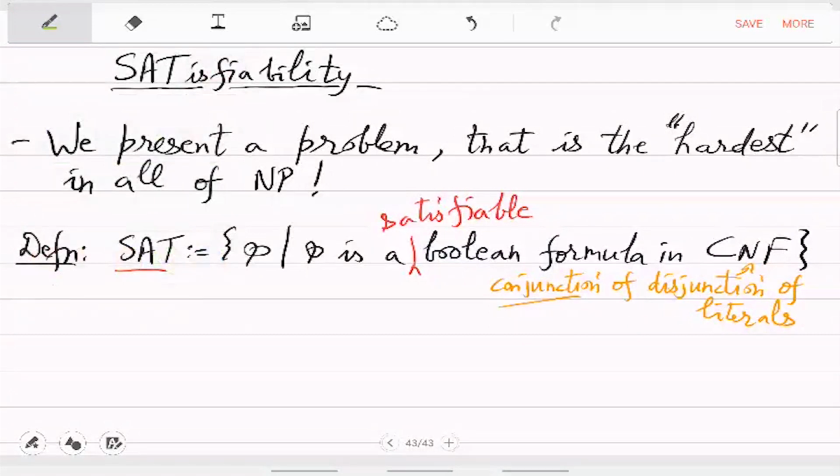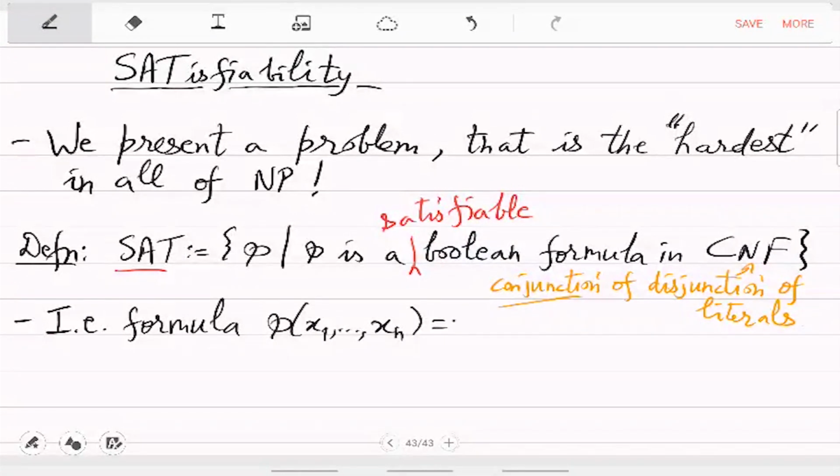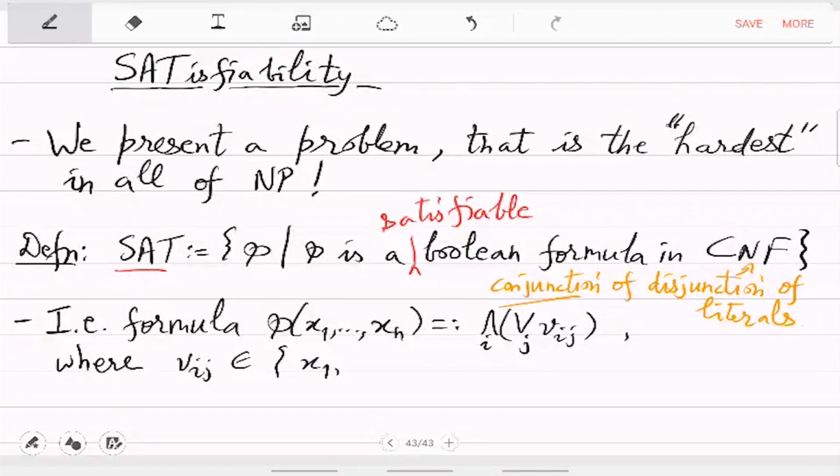So that is, formula phi is given by, and in fact let me also mention the variables, it is given as an AND of ORs of literals or variables, Vij's, where this Vij is in x1 to xn or their negations.